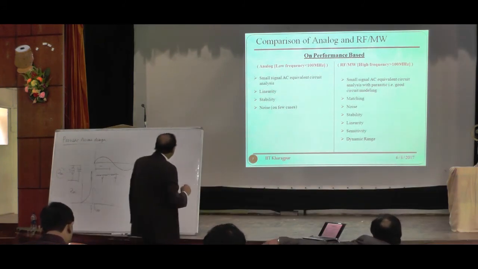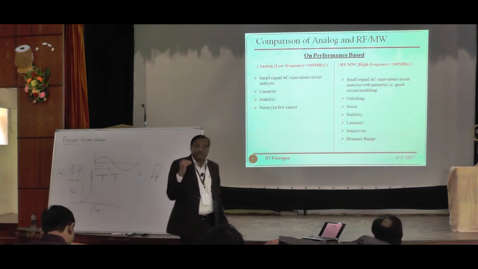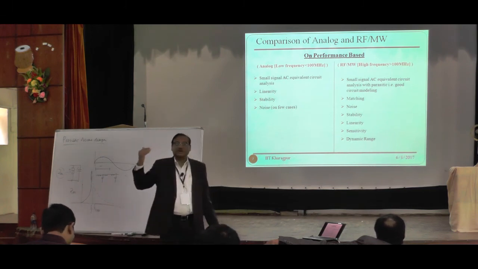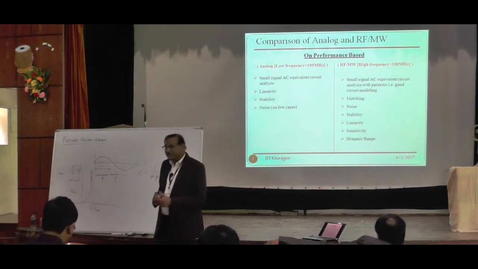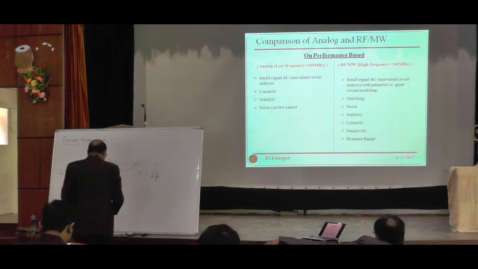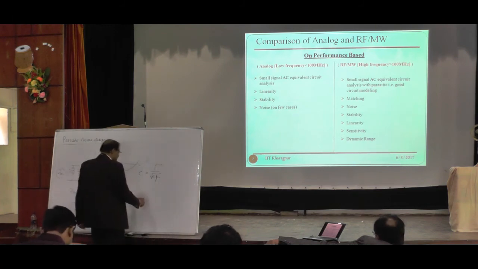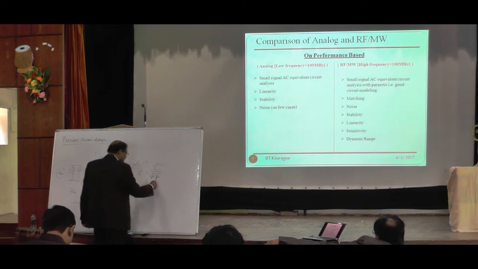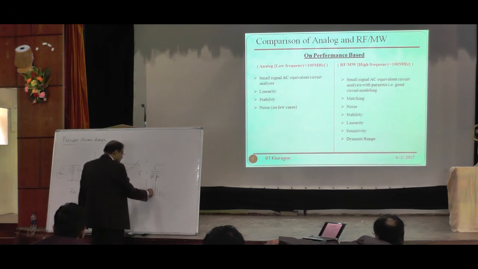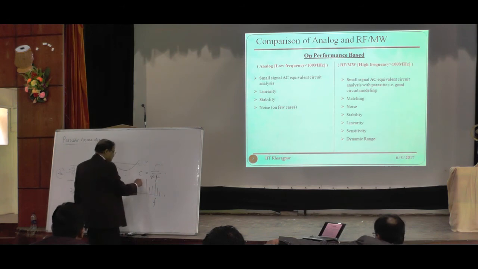So this is linearity. If it goes into the nonlinear region, that will introduce harmonics. Now if it introduces harmonics, what will happen? Suppose there is one signal, that is one spike, but if you have more spikes, I am talking about the spectrum, this is the amplitude.